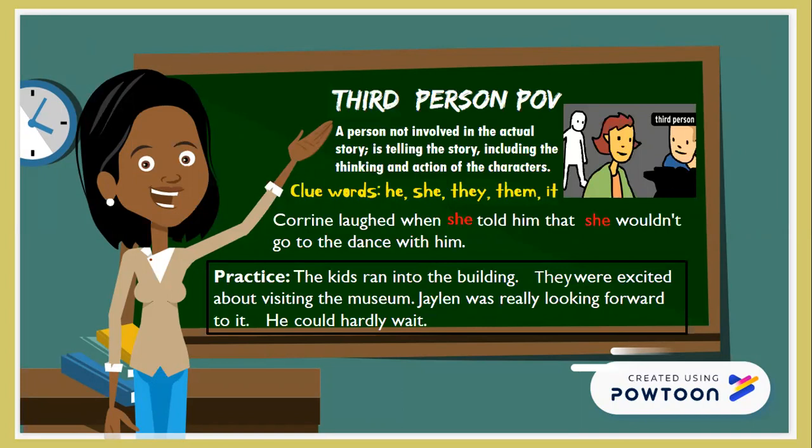Okay. Guys, I'm pretty sure you got this one right. They and he. And those are two words to let you know that this is written in the third person's point of view.